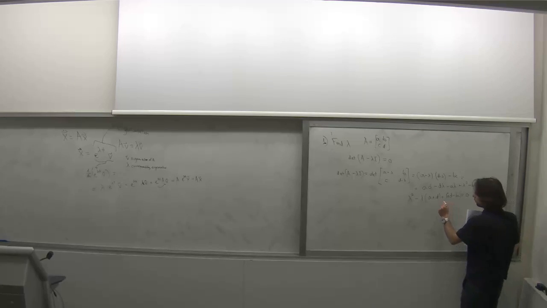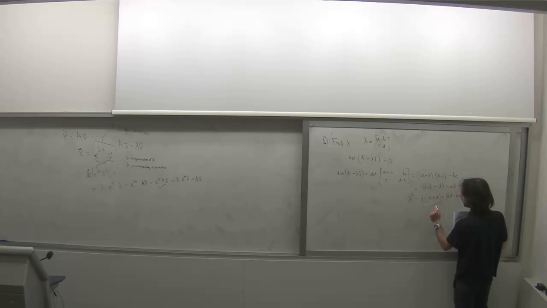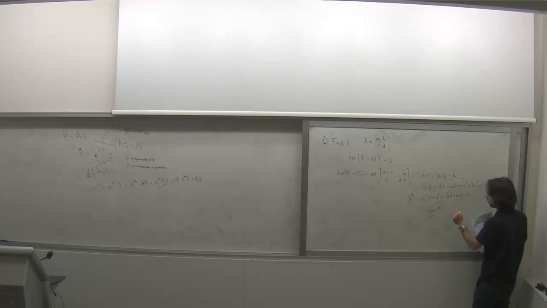And I want to point out that this is the trace of A, and I call it tau in this course. This is the determinant of A, and I call it delta, capital delta.